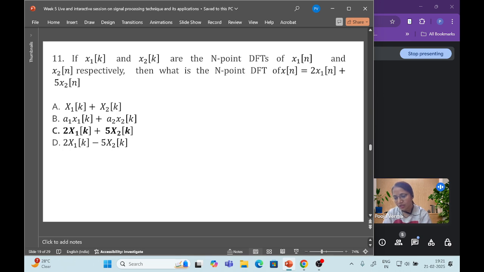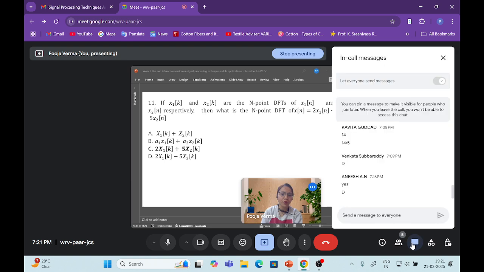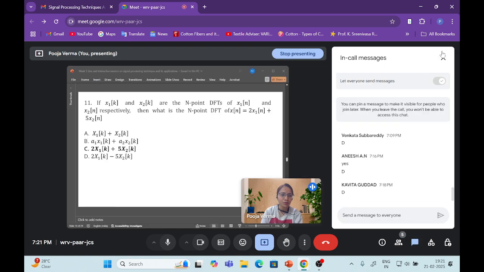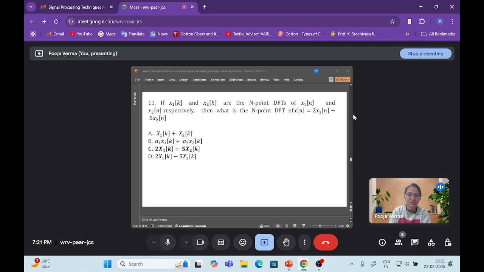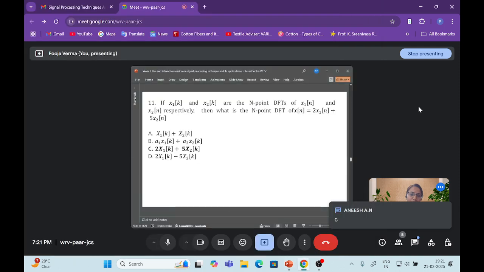This question is also related to properties. It is a live and interactive session, so this is a practice question for you related to properties. No, it's not D. Just take the linearity property of the DFT.